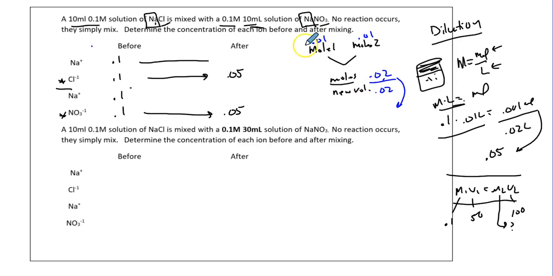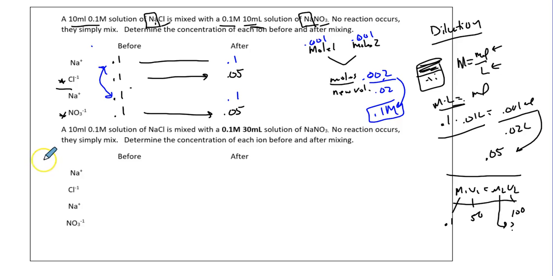I mistook that. 0.001, which is 0.002. And therefore this is 0.1 molar. And that's my new concentration, 0.1 and 0.1. You'll note that we took 0.1 and dumped it into 0.1, so we stayed at 0.1. We didn't dilute it. We had two sources of moles, and they both came together.